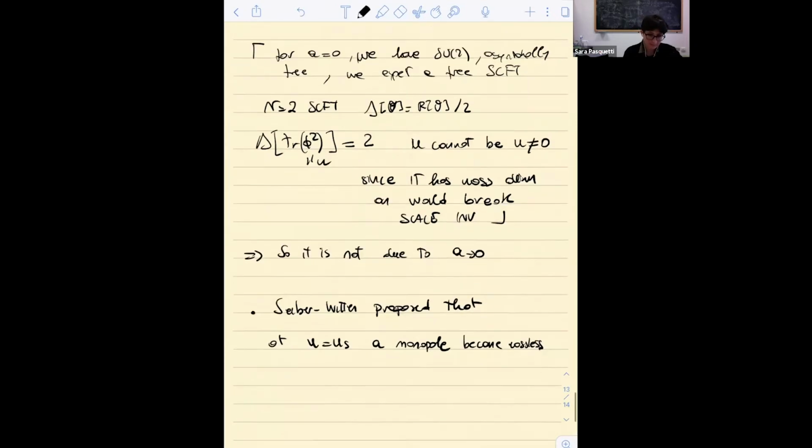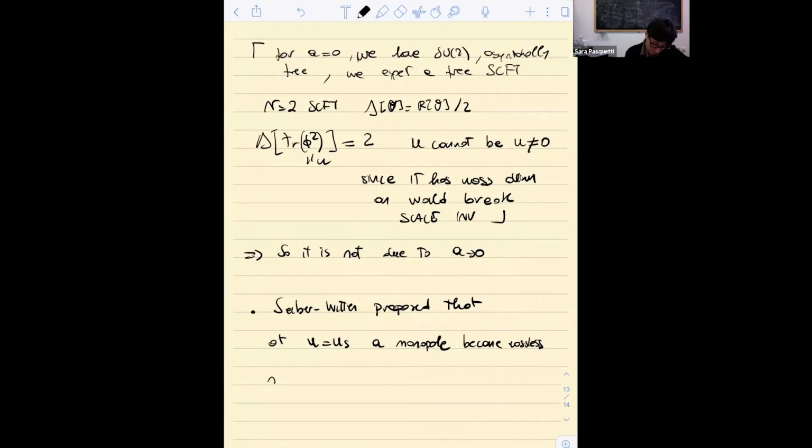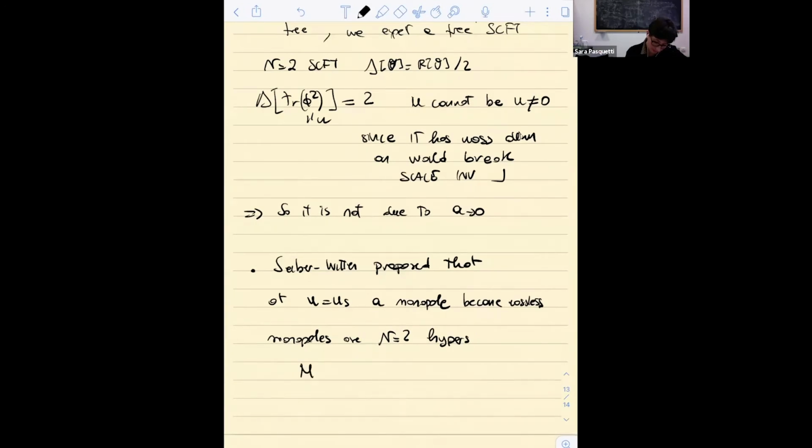So monopoles sit in hypermultiplets. And their mass, as we mentioned earlier, is fixed by the fact that they need to sit into short massive representations.